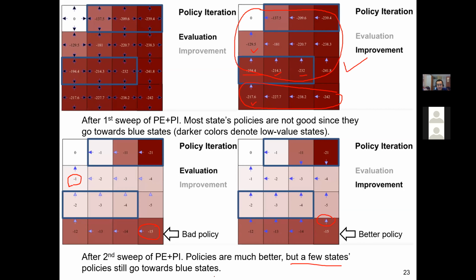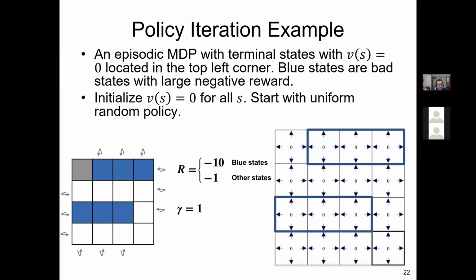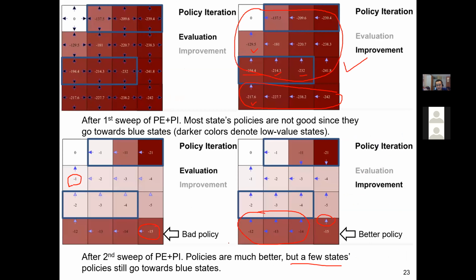But in a few states, the policies still go towards the blue states. These are still problematic. The ideal policy, just from looking at this grid, should be like this. That should be our ideal policy, just from our intuition. So these policies are still wrong.